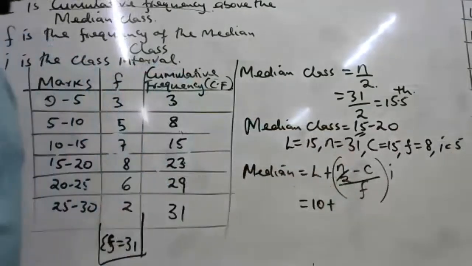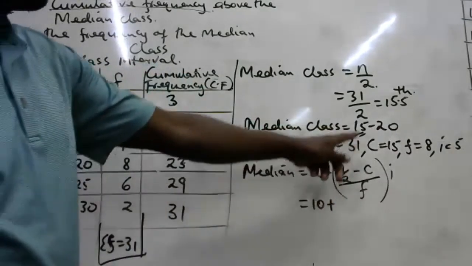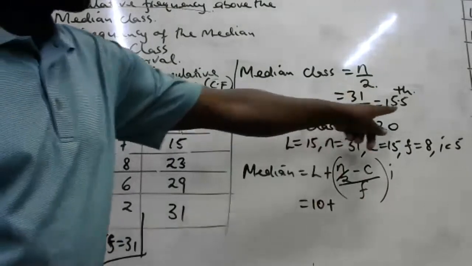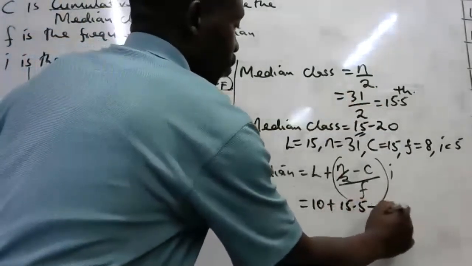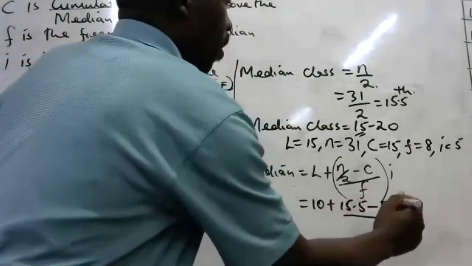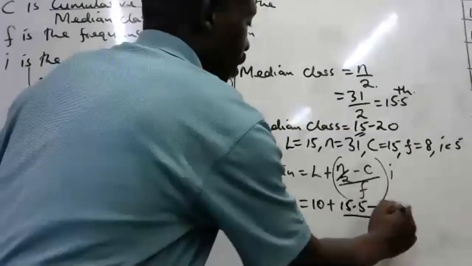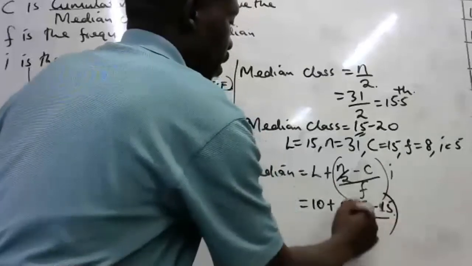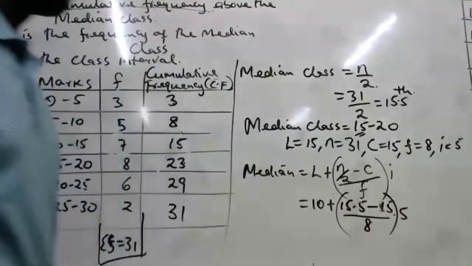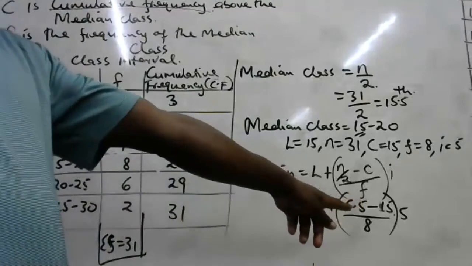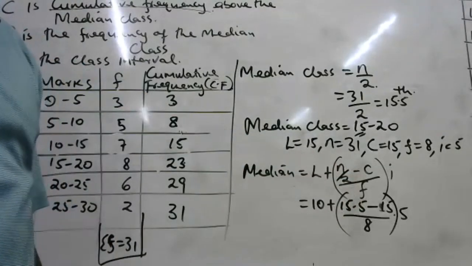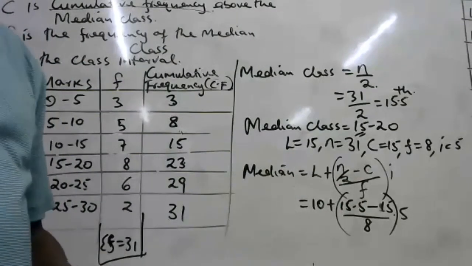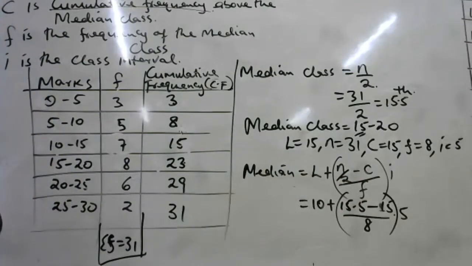N will not change, so n over 2 is actually 15.5, minus C, which is 15, over F, which is 8, and then you multiply by 5. You do that computation, and it gives you the median score.